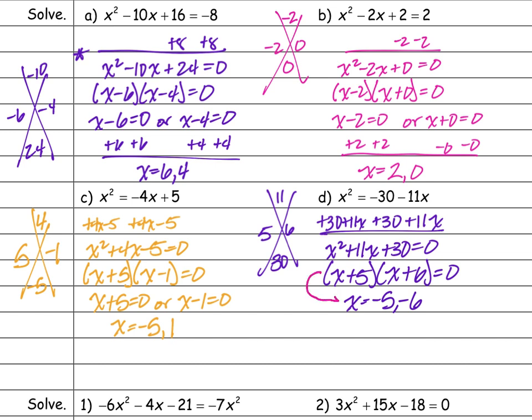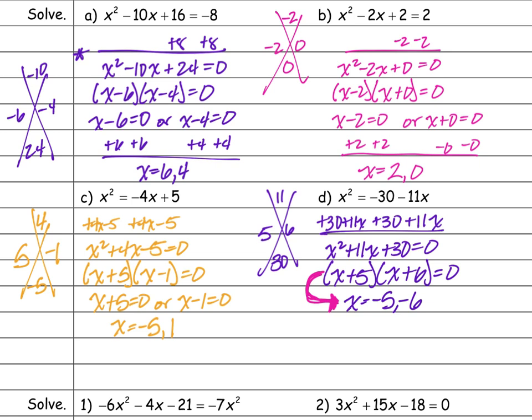What's the difference between my factored form and my answer? Can someone tell me? Look at the factored form, the form that's in the parentheses, and my answer.